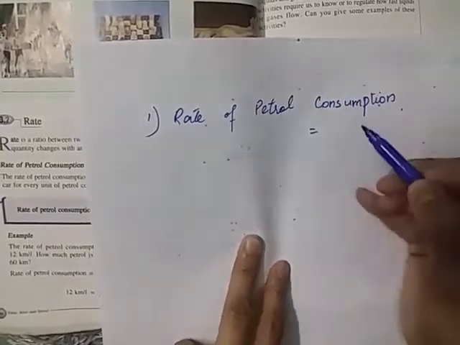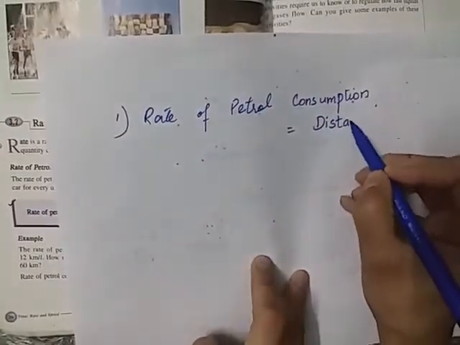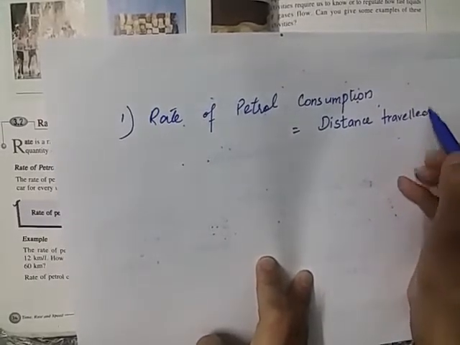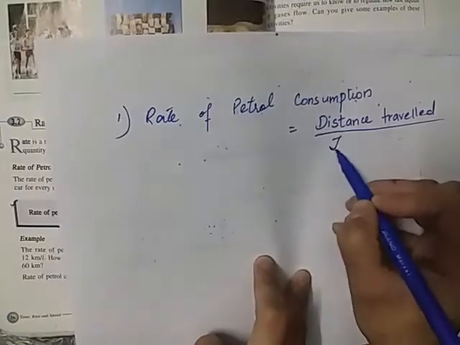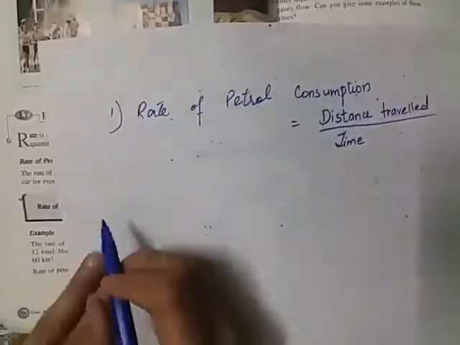This formula would be equal to distance traveled divided by amount of petrol used. So this is formula number 1.